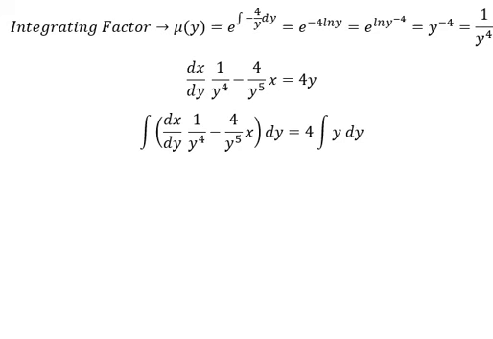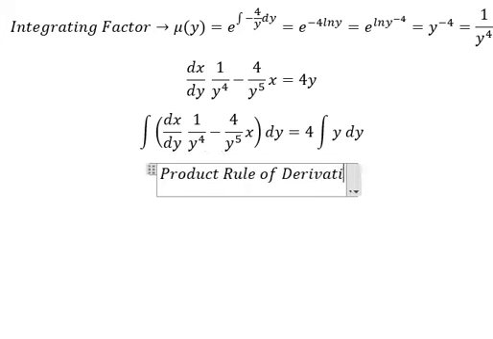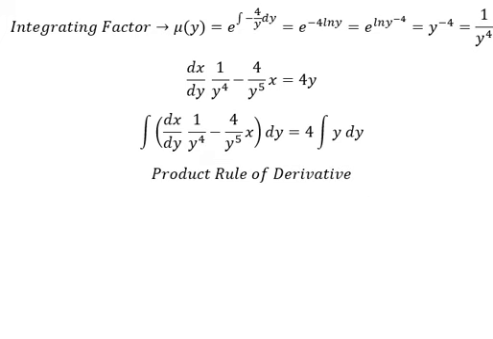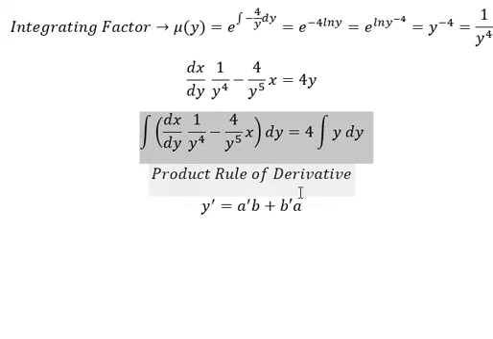So we can use the product rule of the derivative. So we have the first derivative of y equals the first derivative of a multiplied by b plus the first derivative of b multiplied by a.